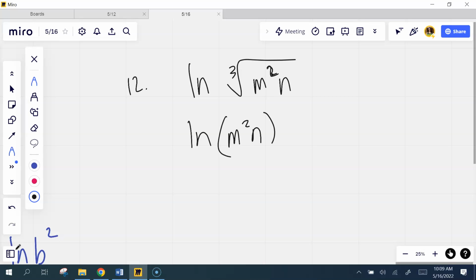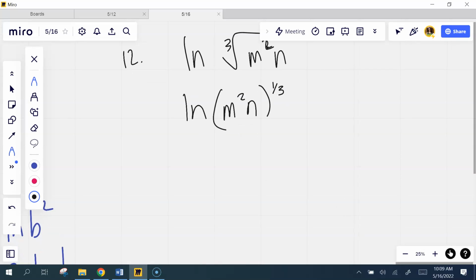What does it become? Cubed root is the same thing as what exponent? Somebody said it. Right? I would distribute this through just like you did the last one. Thirds, 1/3. Now what?